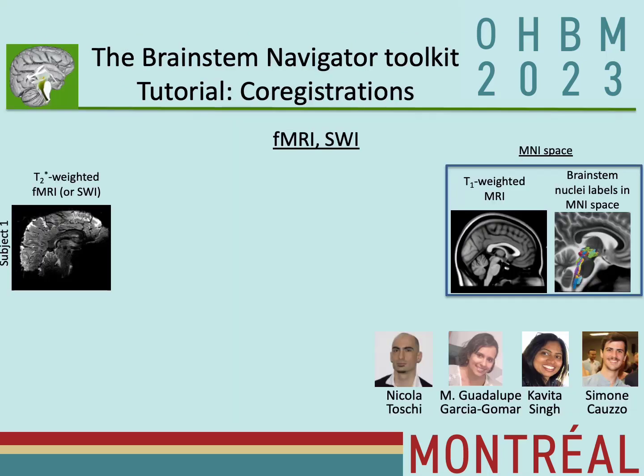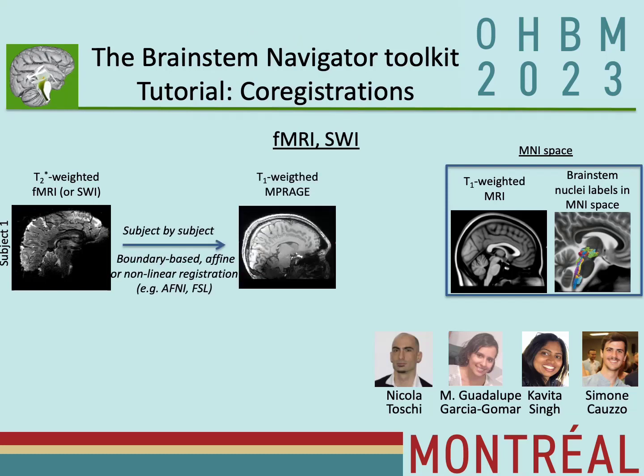To align functional MRI data to the brainstem nuclei atlas in MNI space, first a subject-by-subject boundary-based affine or nonlinear transformation to the anatomical T1-weighted MRI is computed, and then this is combined with a nonlinear transformation between the native T1-weighted MRI and the T1-weighted MNI template.